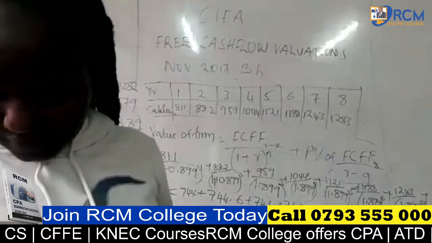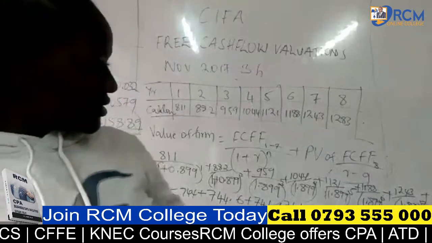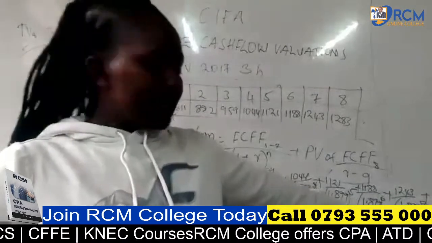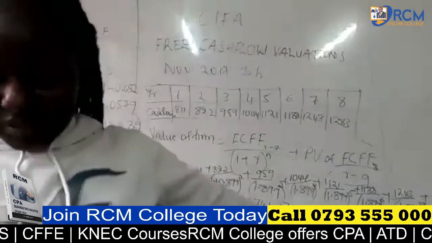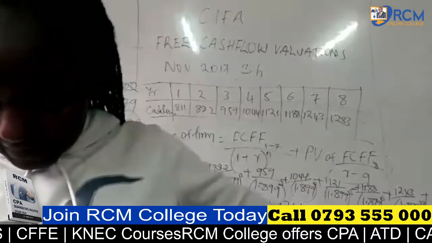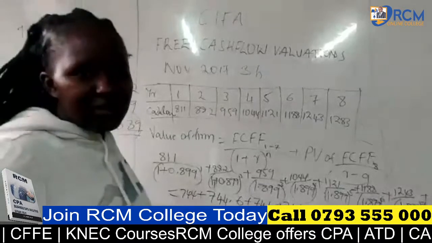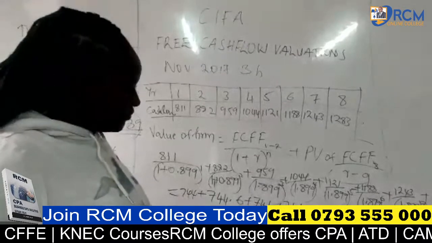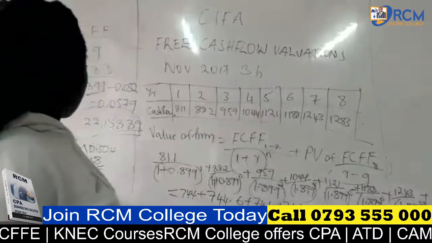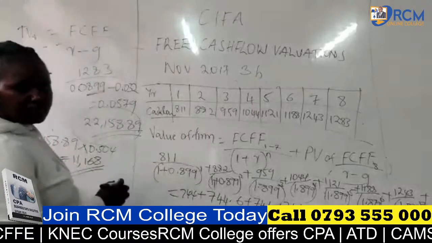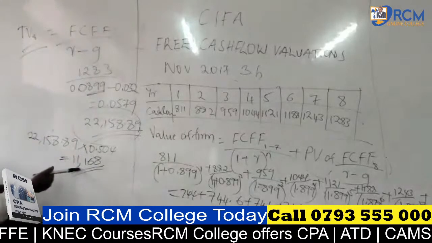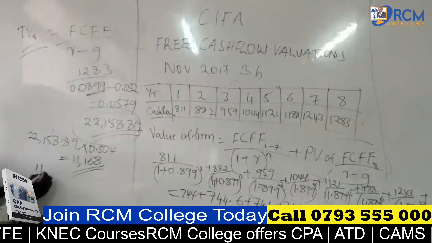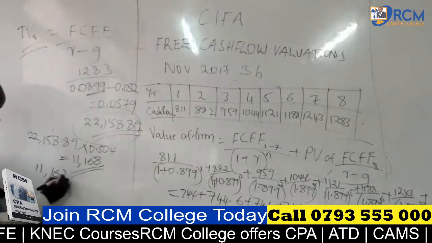So the value of the firm: what we got there is the value of the firm from year 1 to year 7. Then we add what we got here as the terminal value as at now. Our terminal value is 11,168.